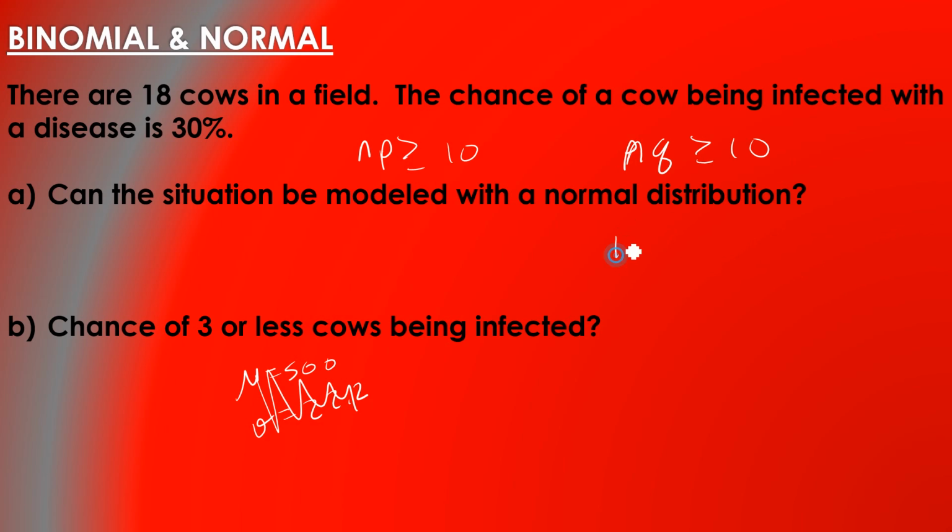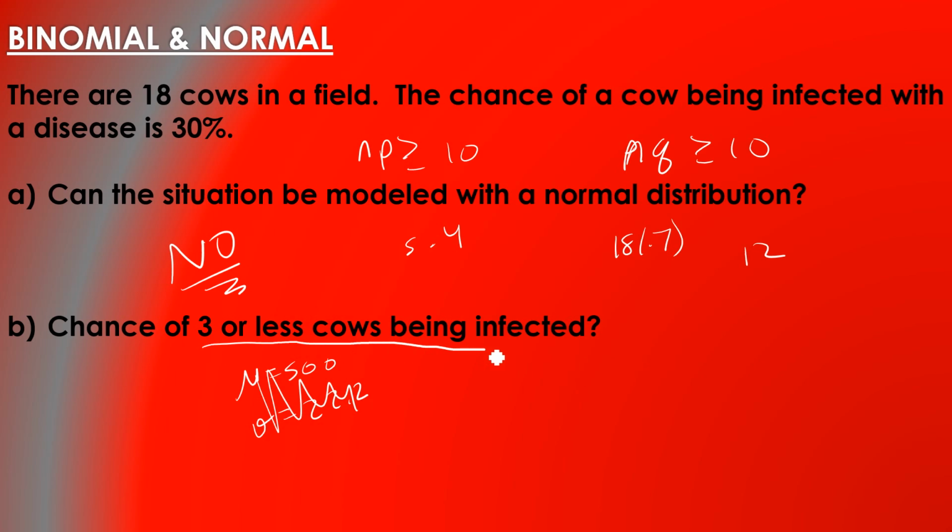In the case of 18 times 0.7, that is actually fine. So no worries there, I get 12. But when I do 18 times 0.3, I get 5.4. So can it be modeled normally? No.